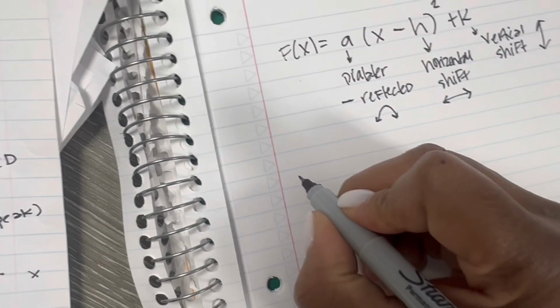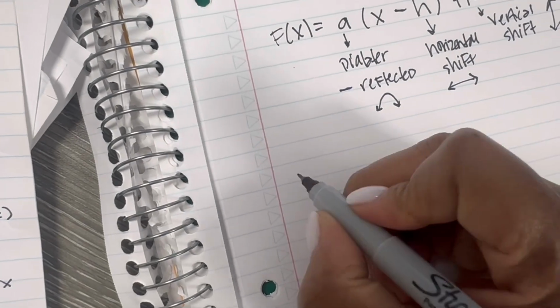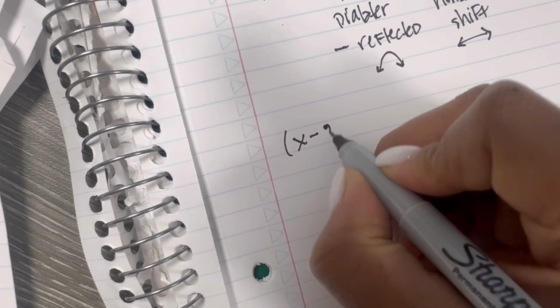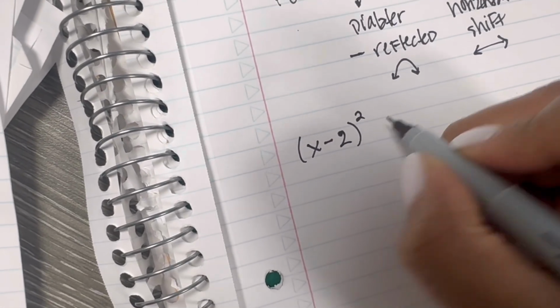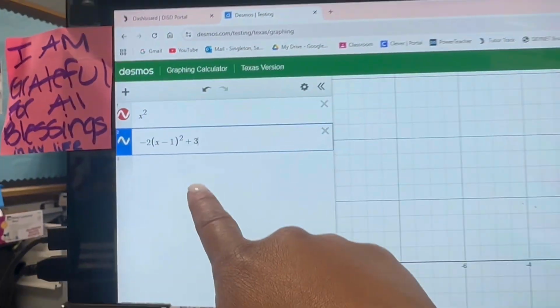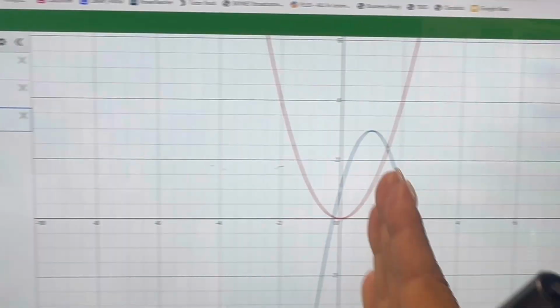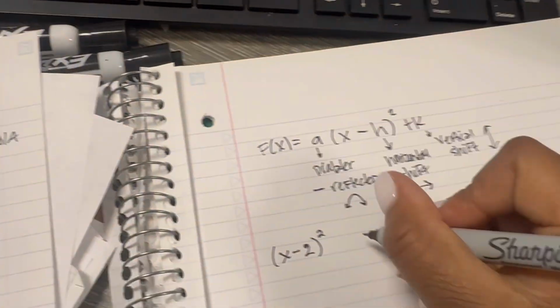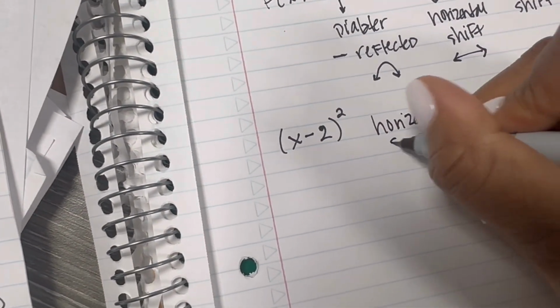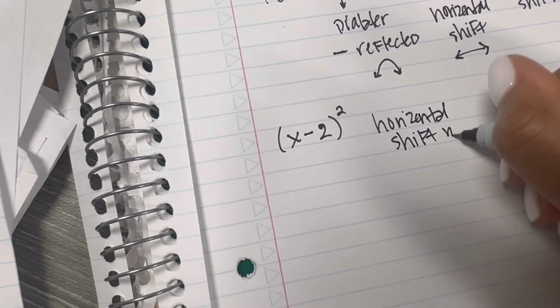If you see x minus 2 squared, right? Minus, this one went to the right. Horizontal shift right.